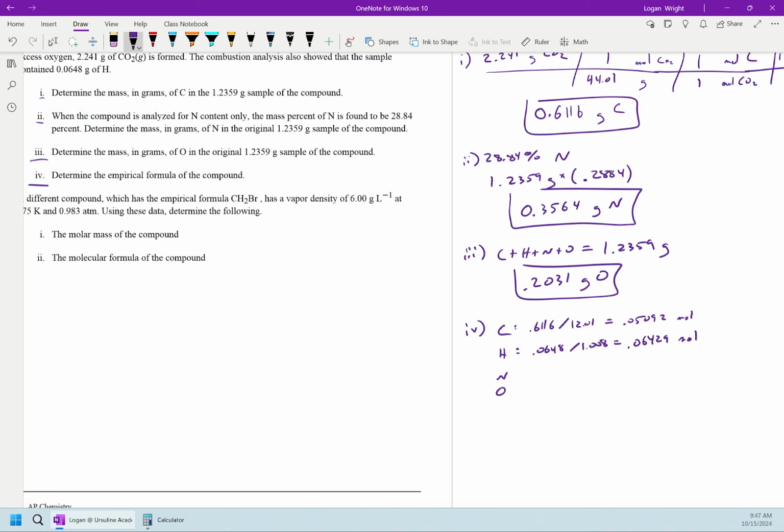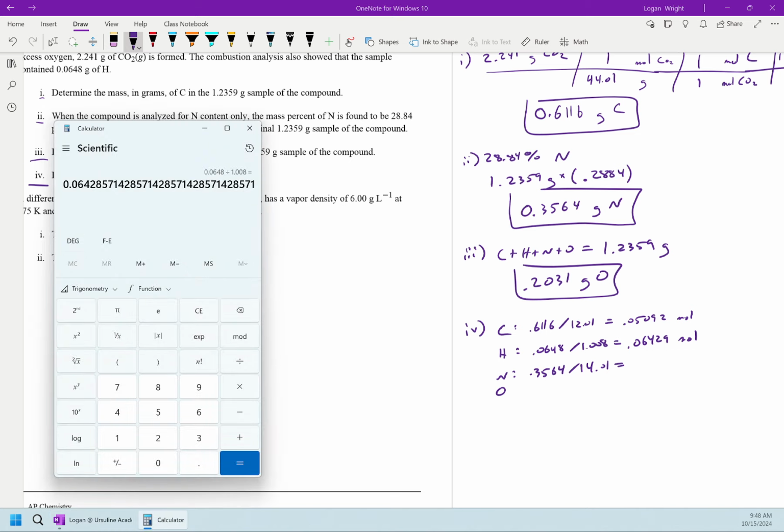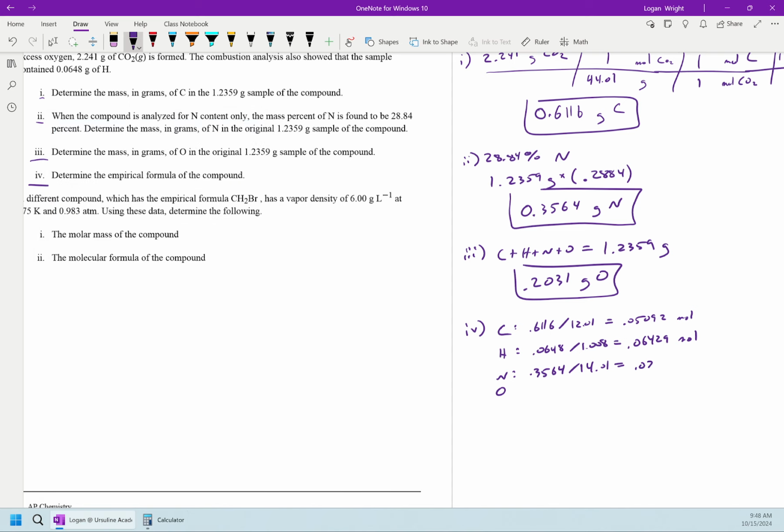Nitrogen, I have 0.3564 divided by the molar mass of nitrogen. 0.3564 divided by 14.01, 0.02544 moles.